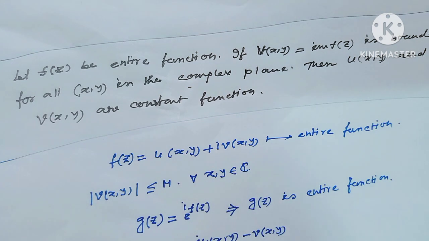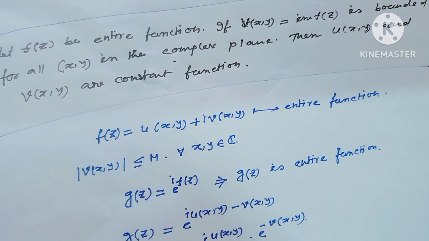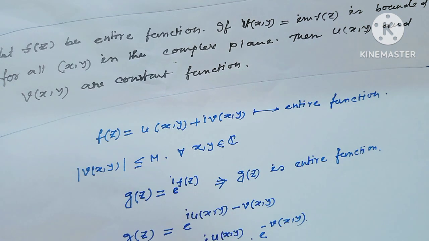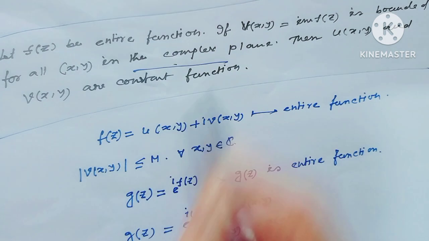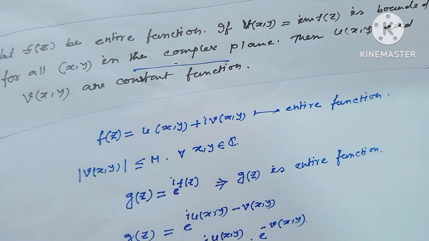Because here f(z) equals u(x,y) plus i v(x,y), which is an entire function, and given v(x,y) is bounded, that means similar to before, the absolute value of v(x,y) is less than or equal to M, and this is true for all (x,y) belonging to the complex plane.